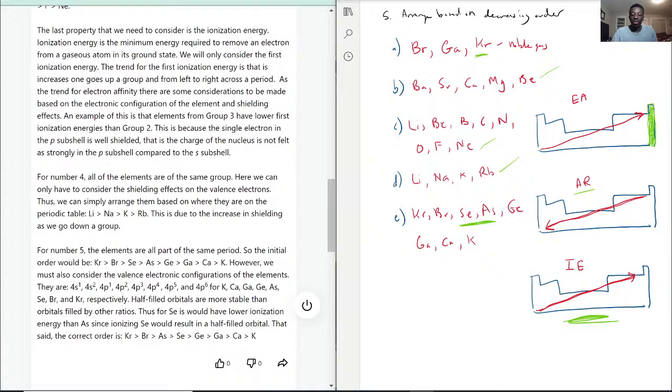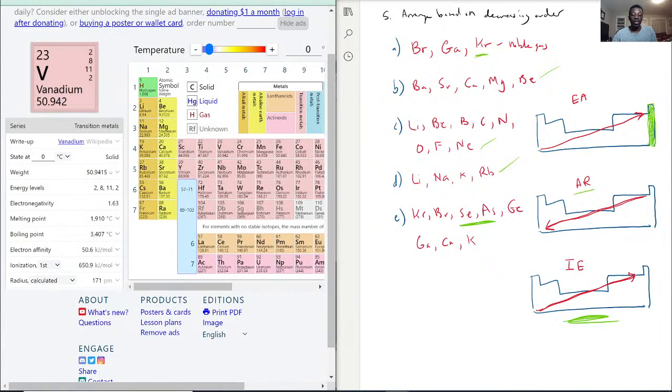Okay, so the reason actually, if we go back to the periodic table, this question showed all the importance of the electron configuration.